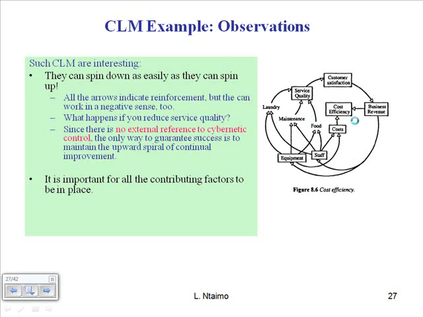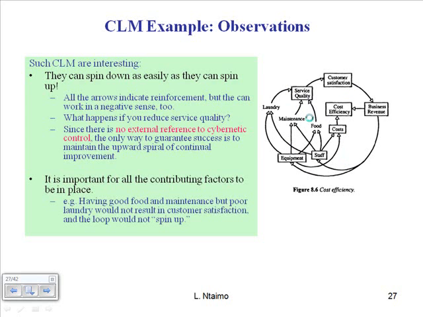But this is ideal. Remember when we talked about open systems? This one looks like a closed system, right? Nothing is coming from outside. But in reality, we deal with open systems. So this cannot go on like this. Something can happen externally. So we have to think about cybernetic or feedback control as well.